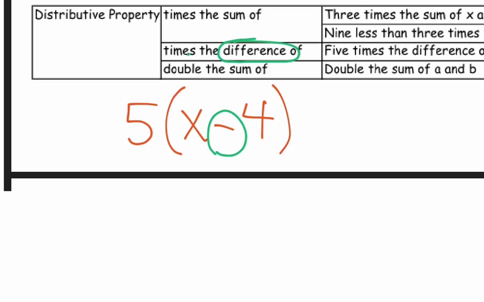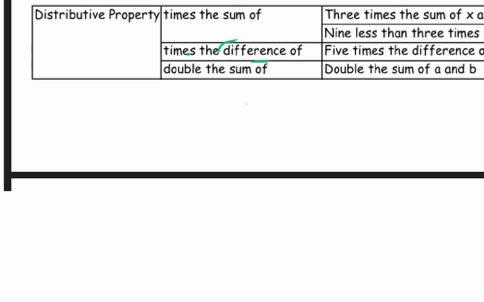Once you get more practice in, it'll make more sense. And then the last one is double the sum of, but that would have to be a 2 out front, because the double would dictate that number. It would have to be a 2 times the sum. We'd have to be adding something, and let's just say it was something plus 7. So let's do some examples here.